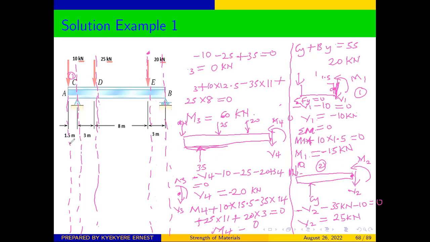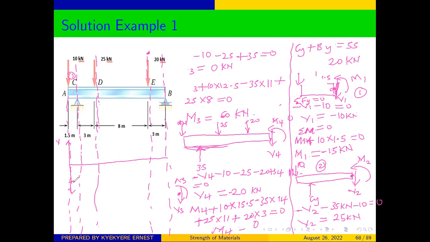So for the shear force, we just draw our vertical axis representing the shear force, and we draw our x-axis representing the length, up to the length of the structure. And then we see from the diagram that at the first point C, the distance between A and C, the shear force there was -10. So we represent our -10.